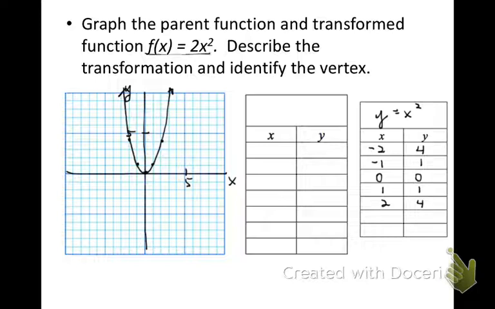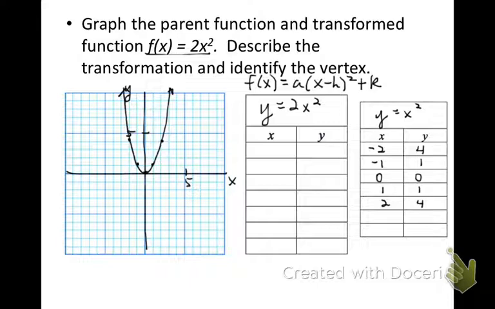And that is f of x, or y, equals 2x squared. So write that in your table. Now, we're going to think like we did in the last section in vertex form. So I will write that, and you can write that down again. Our function equals a times x minus h quantity squared plus k.